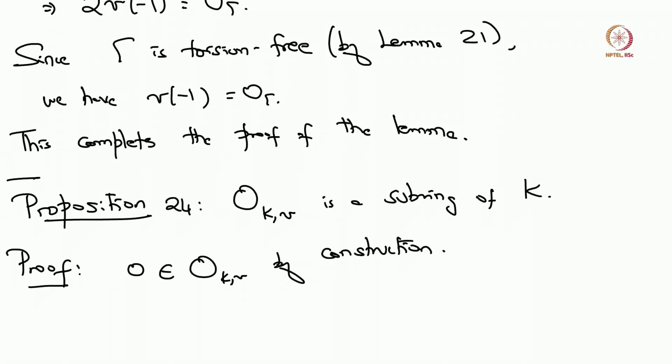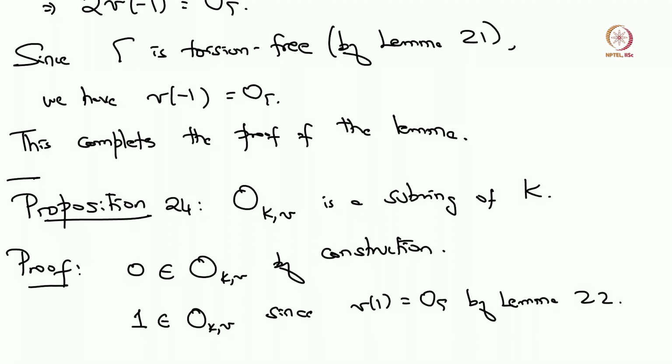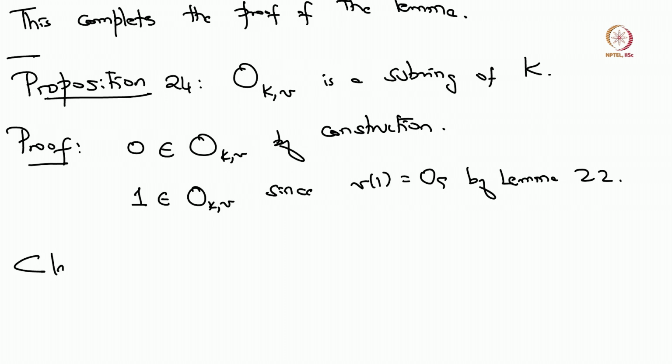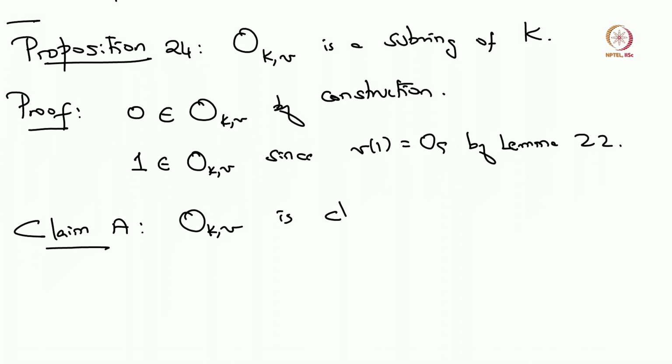And we've just shown that 1 belongs to OKV since its valuation is the identity element of gamma by lemma 22. So what we now have to show is that this set is closed under multiplication and addition. So that's our first claim, that OKV is closed under multiplication.